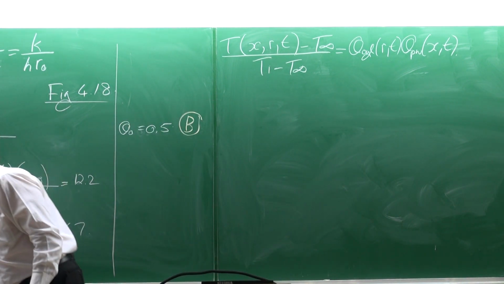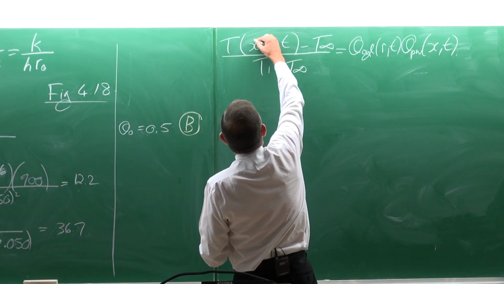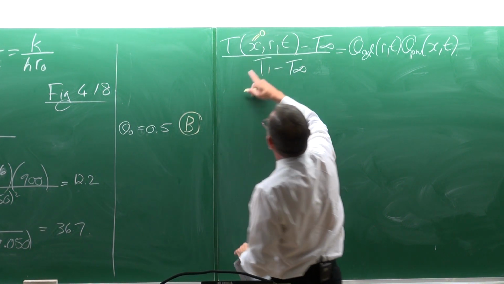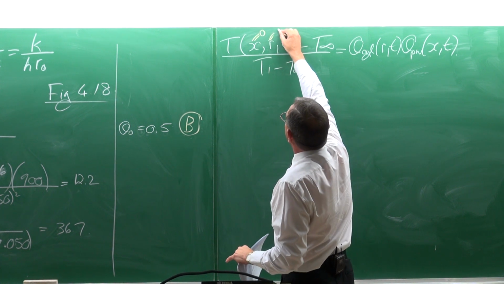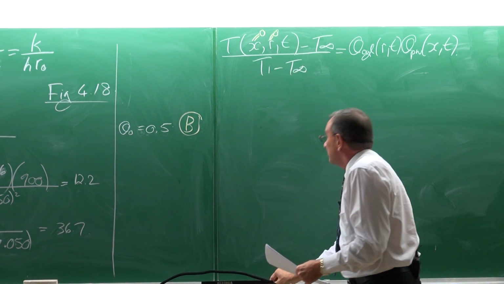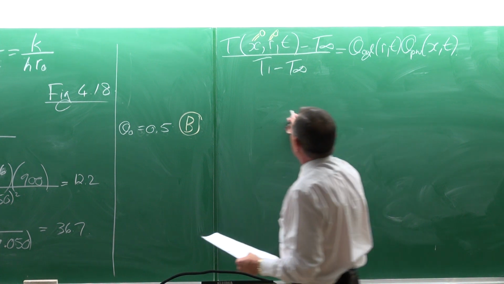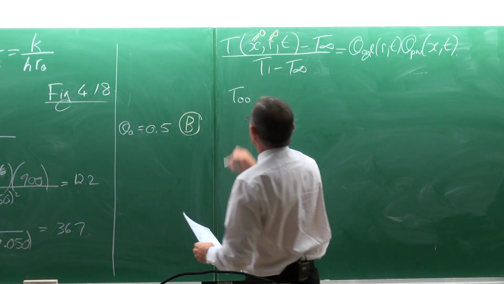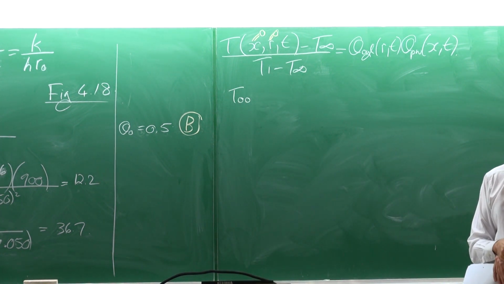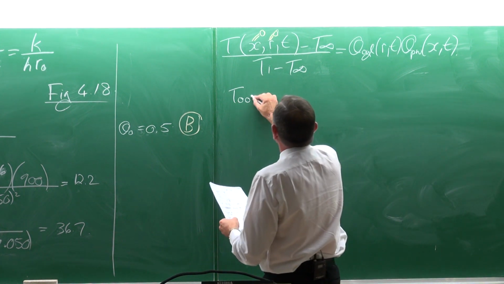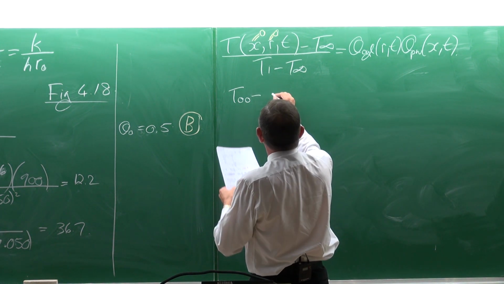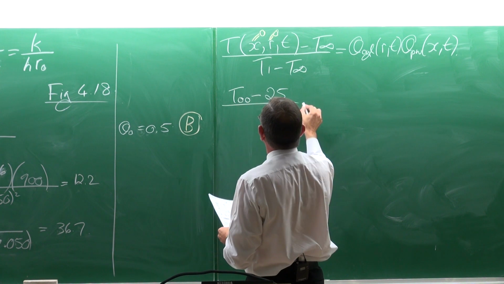Okay, so in it, we want to know what the solution is going to be when x is equal to 0 and when r is equal to 0. That is why I'm going to call that T00. T00 minus that of the environment temperature, 25.